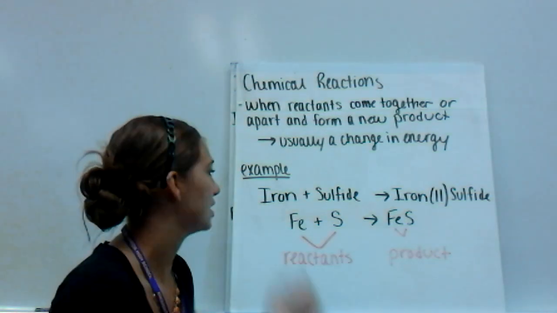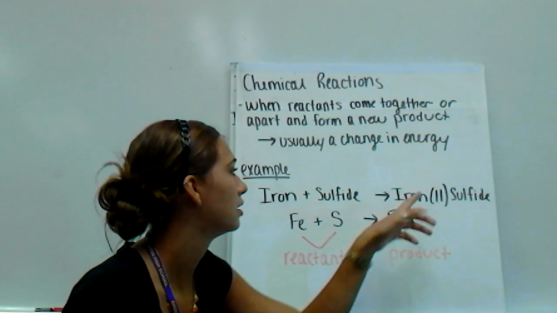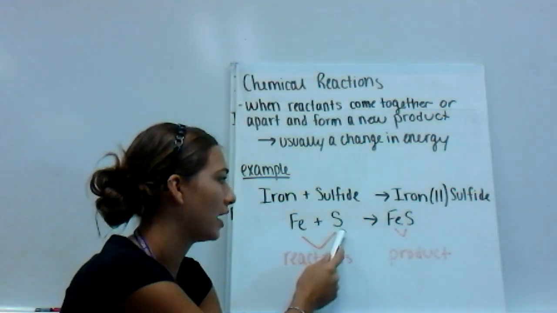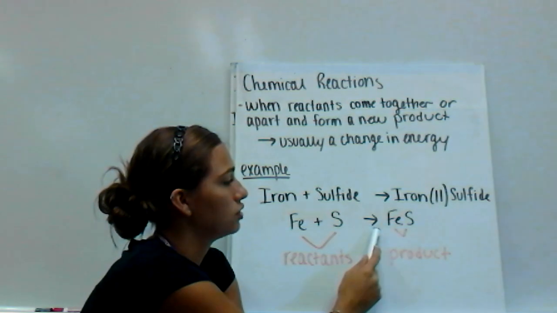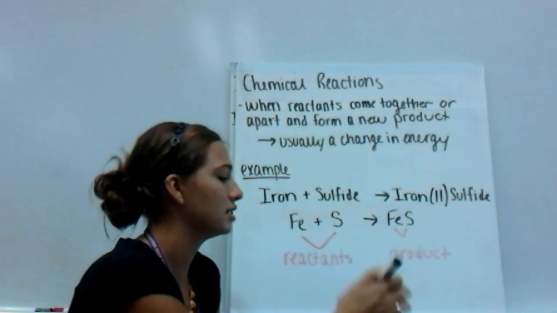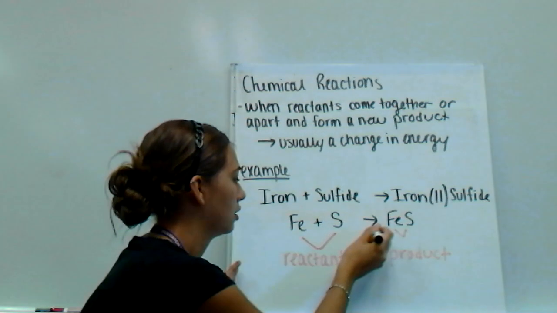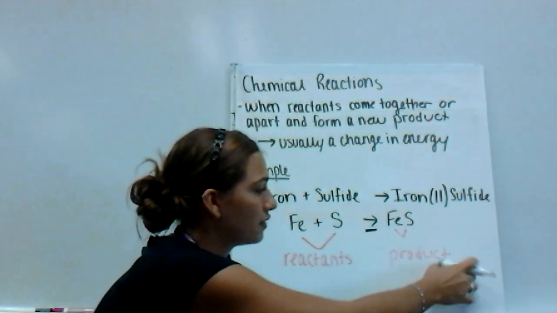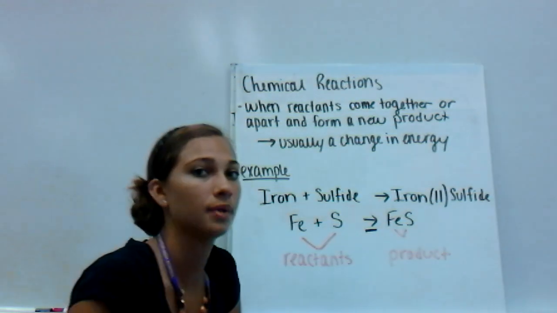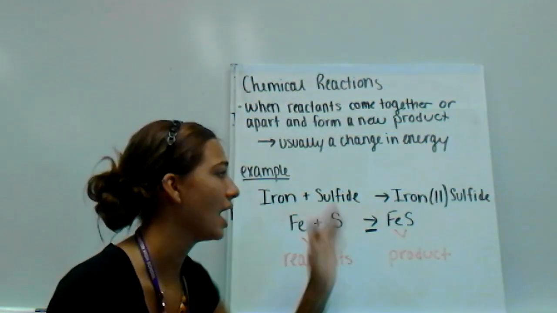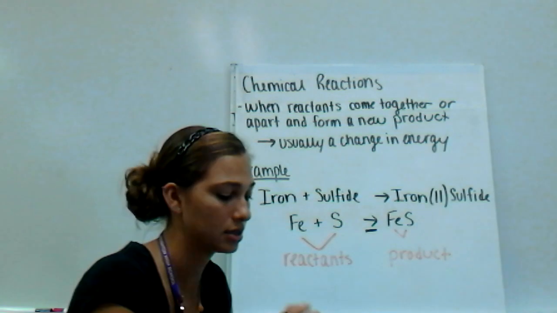All right, so an example of this is iron plus sulfide forms iron 2 sulfide. So we have iron and sulfide, which goes to iron sulfide. If you look on the left of this arrow, these are called our reactants. If you go on the right of this arrow, those are called our products. So anything to the left is a reactant, anything to the right is a product.